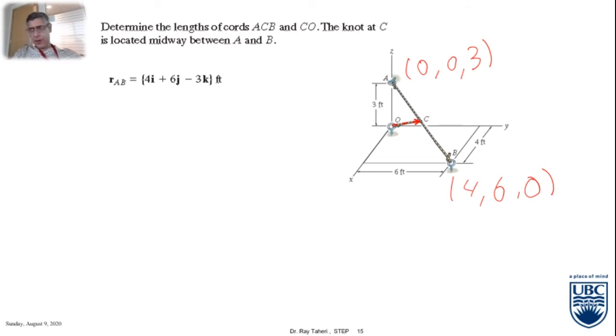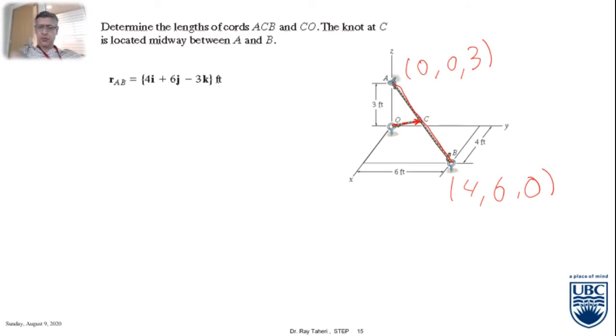Another way to verify the answer is to think about this line. We go from this point to this point, and your z is reduced by 3 because the z of this point is 3 and the z of this point is 0. So you came down 3 vertically, you went 4 on the x and 6 on the y, and that's the value.